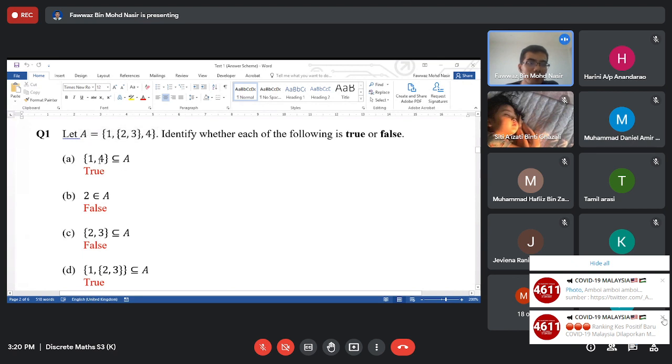For part A, it says {1, 4} is a subset of A. This statement is true.